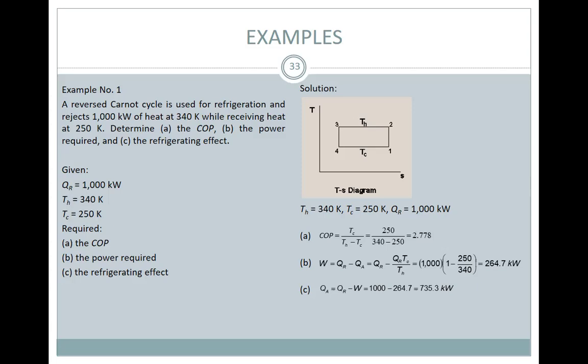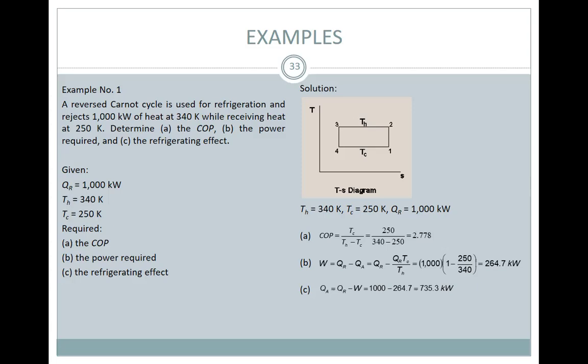Kasi pag tinanong is letter D, what is the refrigerating capacity, ibig sabihin, pares na sagot mo. So hindi. Yung isa, per unit mass. Yung capacity, kilowatt. So, yeah. Given QR is 1000 kilowatt, TH is 340 Kelvin, TC is equal to 250 Kelvin. A, the COP, B, the power required, C, the refrigerating effect.